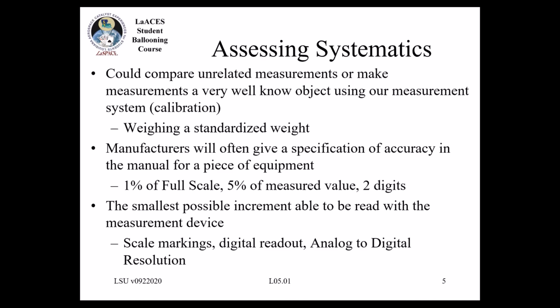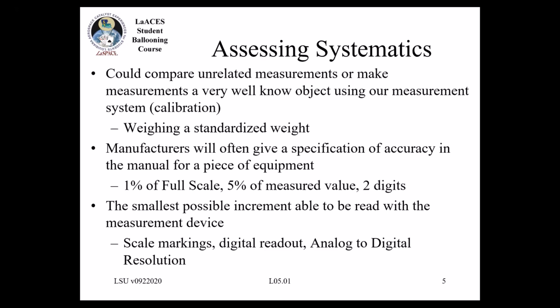And finally, if you don't have anything else to go on, you want to assume that the systematic error is at least as large as the smallest value or smallest increment you can read with that. So if it's a digital display, whatever the smallest digit is. If it's some sort of mechanical device like a ruler or a gauge, you have to make a judgment call, and often you'll use half of whatever the marked increment is.